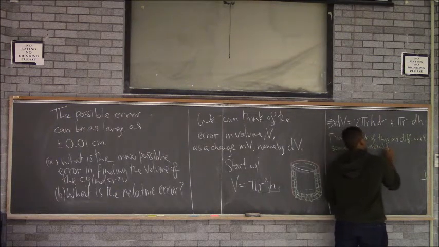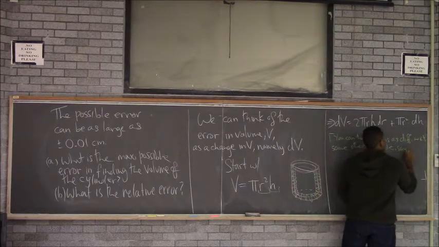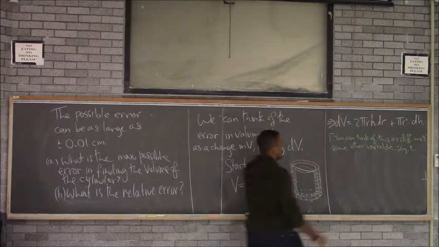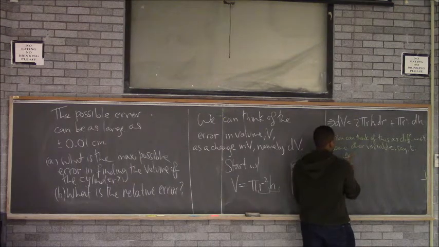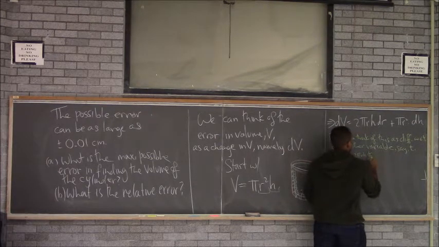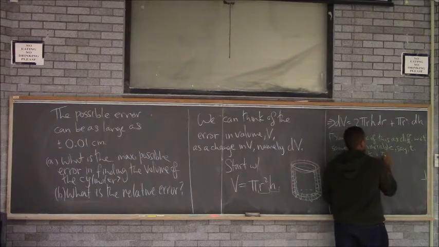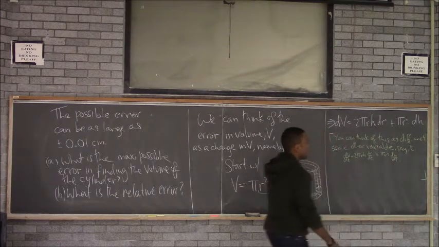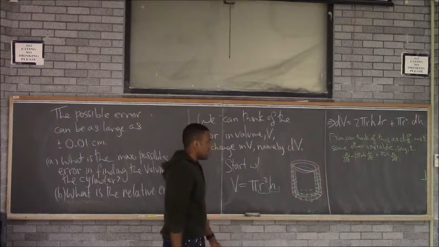You can think of this as me just going through and differentiating with respect to some other variable, say t. And we know how that would look from related rates. So we would get dV/dt equal to 2 pi r h dr/dt plus pi r squared dh/dt.